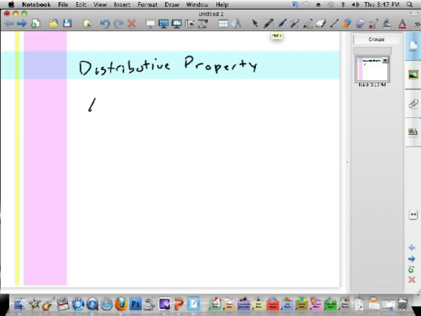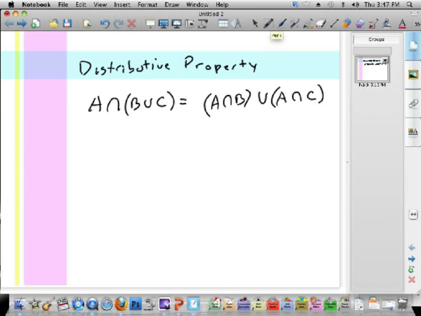Let's say you have the expression A and then the union of B or C. That is equivalent to saying A and B or A and C. So that's an example of a simple property that can be derived, and one way you can derive this is using a truth table.